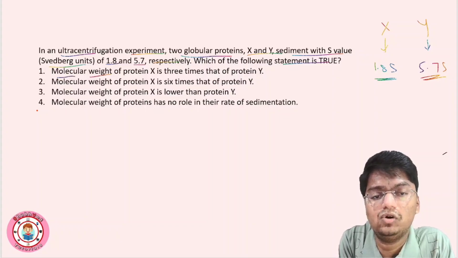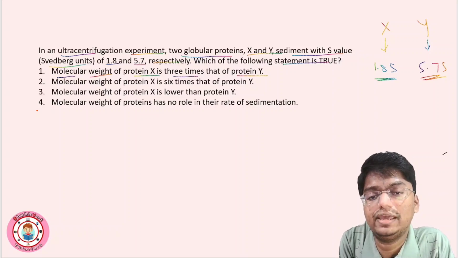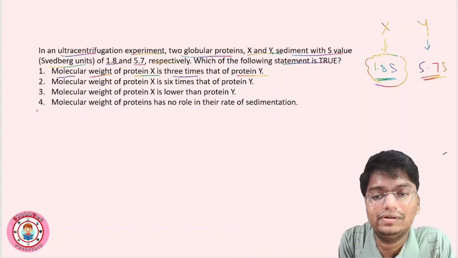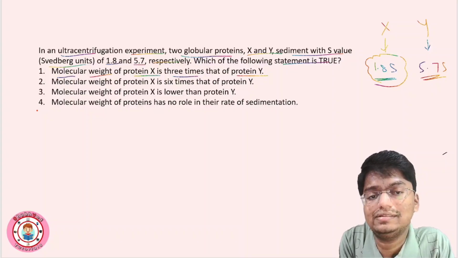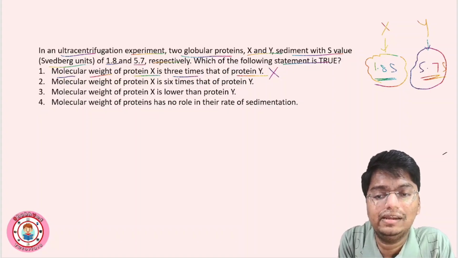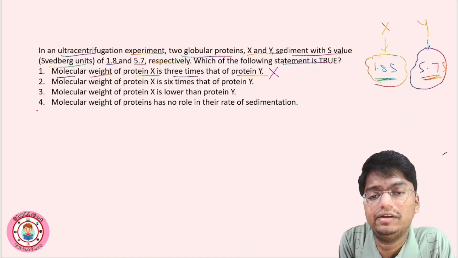Molecular weight of protein X is 3 times that of protein Y. How? This is 1.8, so how 3 times? It would mean it has more weight. No. Y has more weight, and it will get sedimented first.